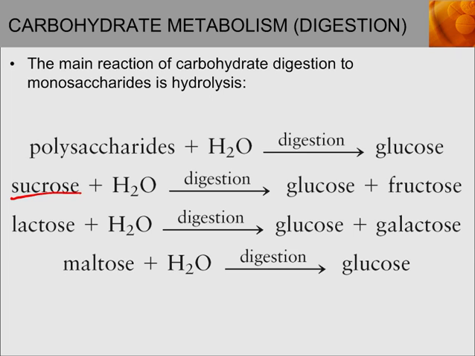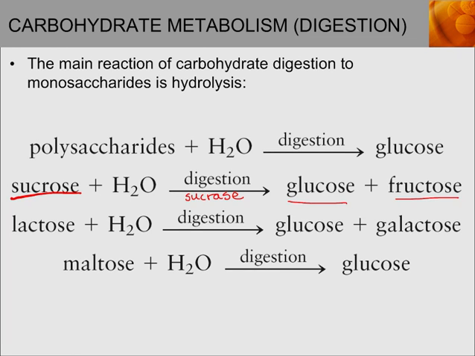Remember, sucrose is made up of the monosaccharides glucose and fructose. So if sucrose reacts with water through hydrolysis, it's actually also reacting with that enzyme sucrase that we've talked about previously. And eventually we get the monosaccharides glucose and fructose.